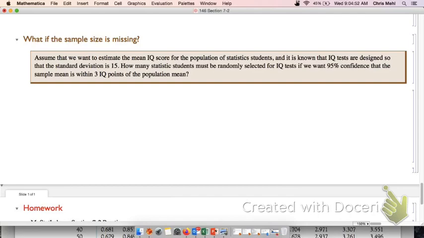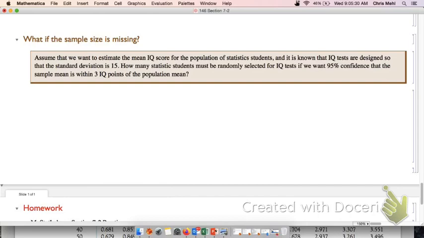So, assume we want to estimate the mean IQ score for a population of statistics students. Now, for these, you have to assume that you know the population's standard deviation. So if you know that IQ tests are designed so that the standard deviation is 15, how many statistics students must be randomly selected for IQ tests if you want to be 95% confident that your sample mean, or your estimate of the population mean, is within 3 IQ points of the true population mean?